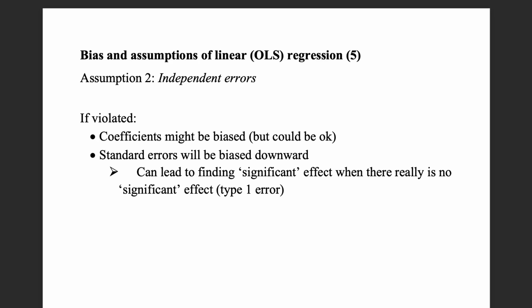As you might remember from your previous statistics courses, when we incorrectly reject a null hypothesis, so when we say there is a significant effect while there actually isn't one, that means that we are making a type 1 error. And of course, we always run the risk of making a type 1 error. We know that because we don't have the entire population, we only have a sample. But at least we want to know what that risk is.